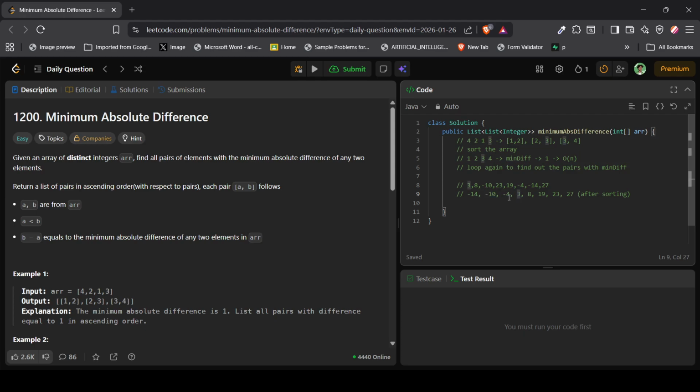Yeah, so minus 4 and minus 3 is basically minus 4 and 0, 7 and then 3, 8.